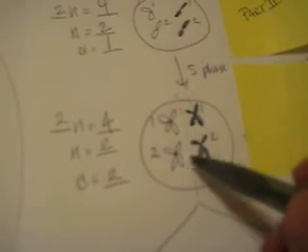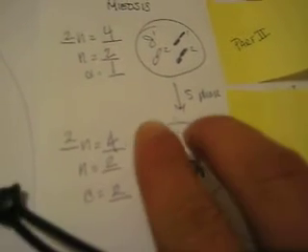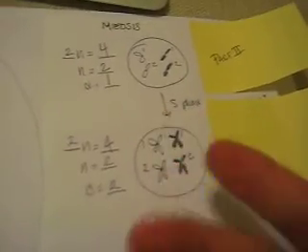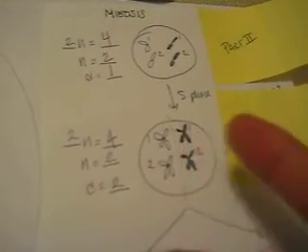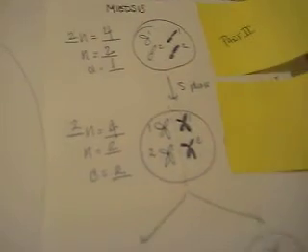This is not the only way these tetrads, or homologous pairs, could have lined up. These 2 could have switched over, or these ones could have flipped, and the white one could have been on the right, and the black one could have been on the left, all right? So, that's why you have this possibility here. Okay?